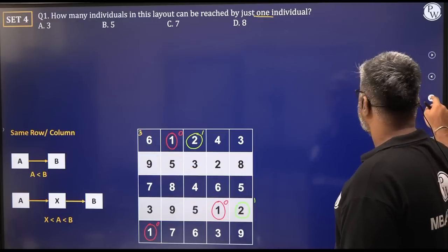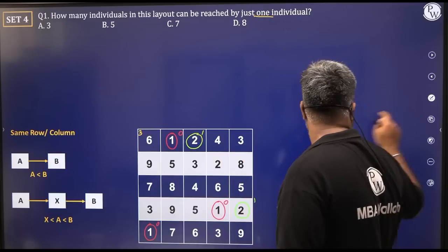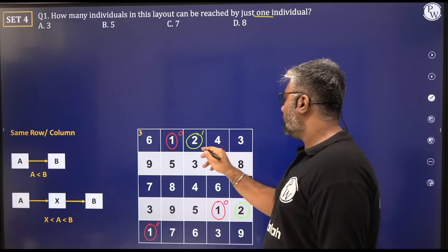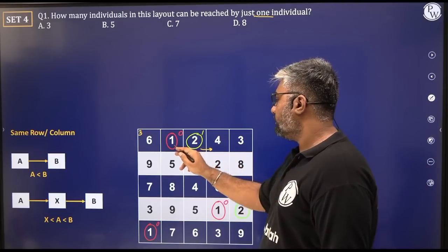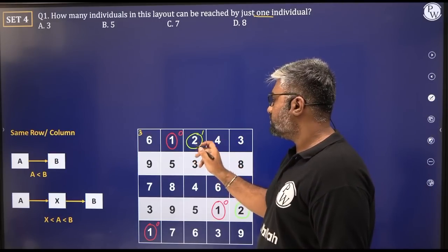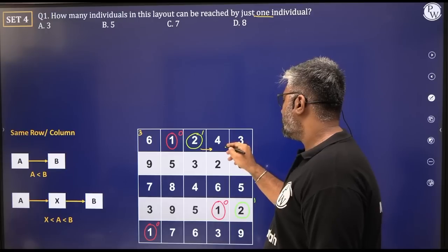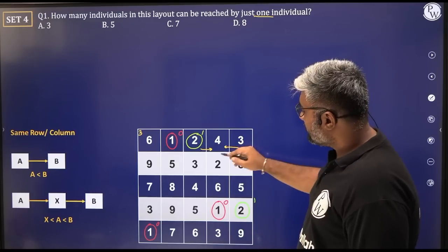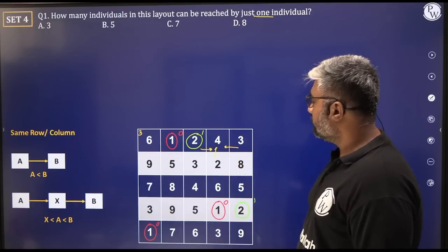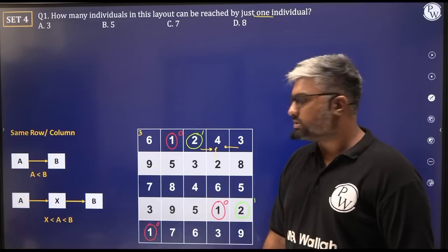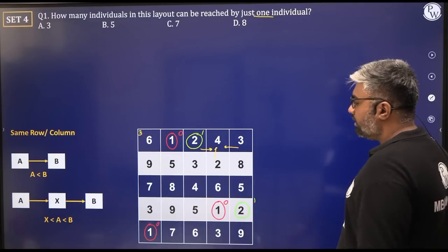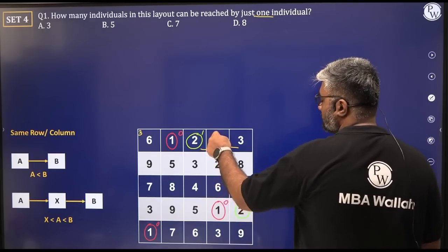So we can reach out to 4 from where? We can reach out to 4 from here. Not from here, because this has to be lesser. Not from here, because this has to be lesser. We can reach out to 4 from here also, but that's it, right? There are only 3 possibilities for 4. Am I right? Because you can't go from 6 to 4. That's not possible.